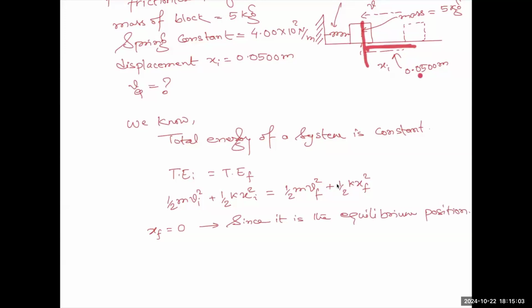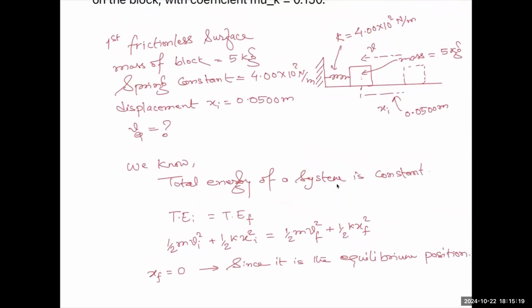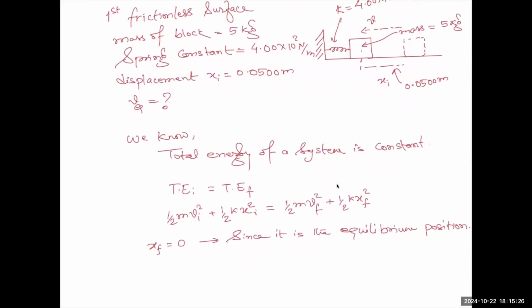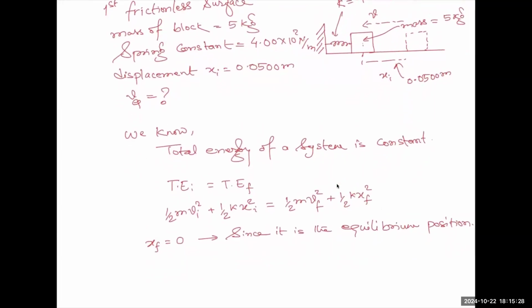So if this object goes back to the equilibrium, my final position is 0, so there is no displacement and no potential energy stored. Here we have pure kinetic energy. At this point, we stretched the spring and then released it, so we only have potential energy, right?